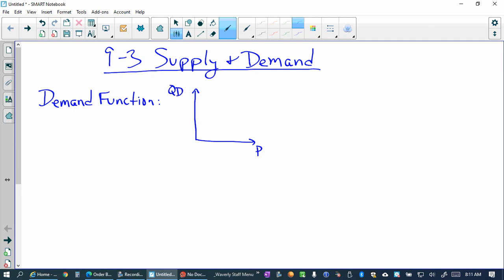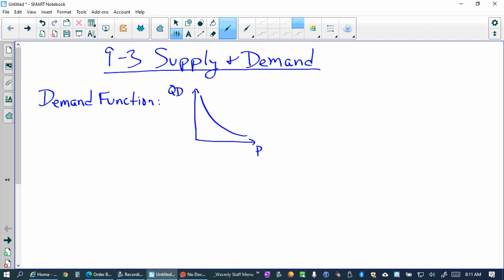So if the price is low, the demand would tend to be high. And as the price increases, the demand for that product would fall. So it might look like this. It goes down. And sometimes we'll just use a straight line to keep things simple, but it's usually got a curve to it like that, okay? So that's the demand function.